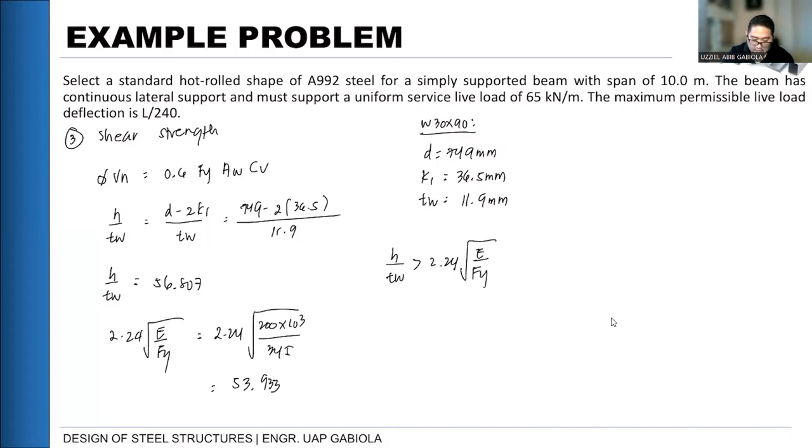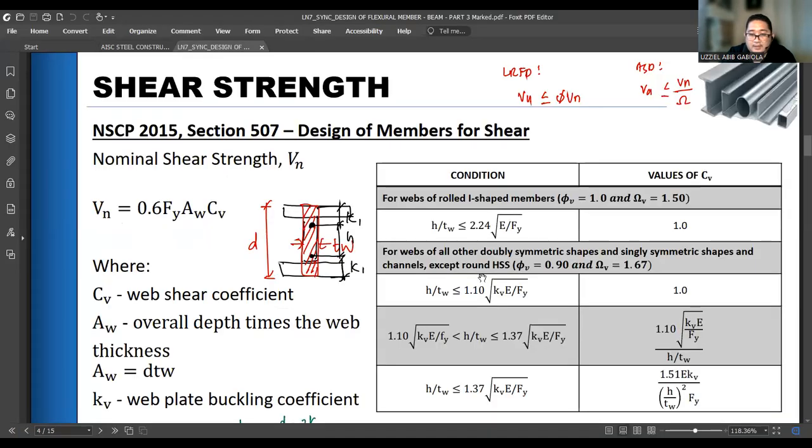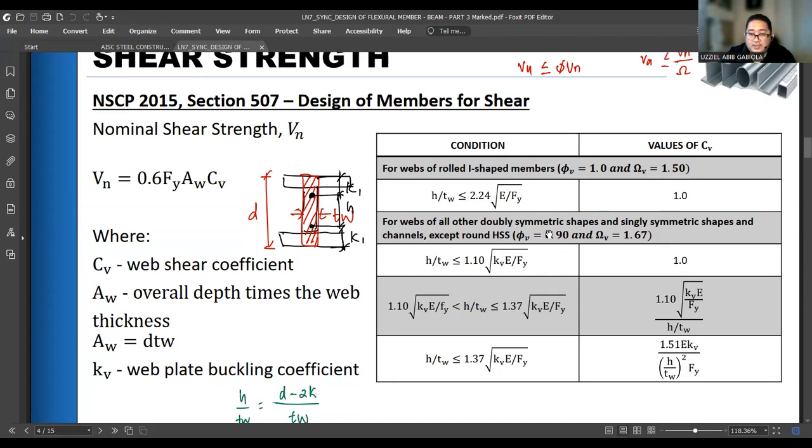Okay? So double check ko lang kung tama yung solution. 36.5 all over 11.9. Yes, no? So kung greater than, tingnan natin tong diagram dito. For webs of doubly symmetric shapes and singly symmetric shape and channel, pwede pa naman tayo ditong mag-fall under sa second na condition kasi doubly symmetric I-shape tayo, no?